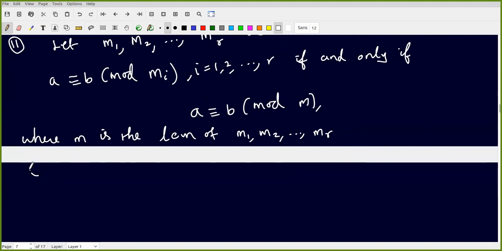Proof. To prove the result, we use the following property of the least common multiple.